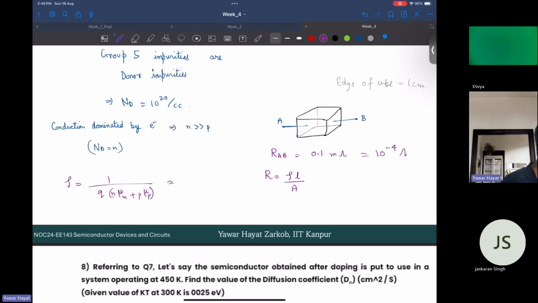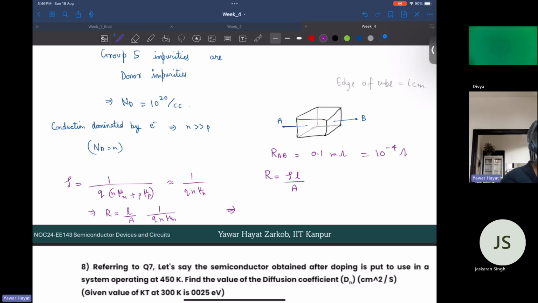This is approximately 1 by q n mu n, so R is L by A times 1 by q n mu n, because n q mu n dominates over q p mu p.